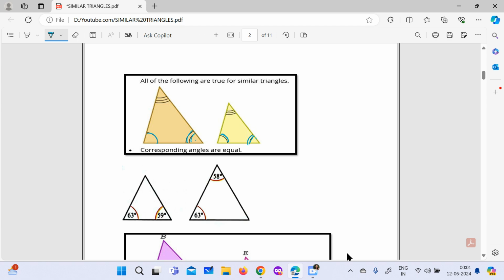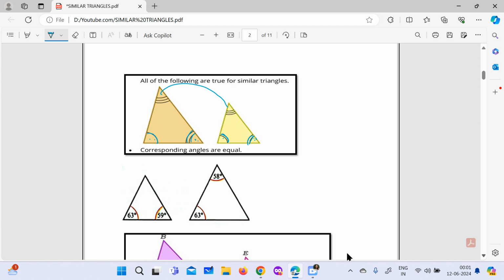To show the difference between the angles, and to show that these two angles are the corresponding angles, or you can say matching angles. This and this one are another pair of corresponding angles. And then you can see that here we have three lines and here also three lines. It represents that these two are the corresponding angles and the angle measure is the same, right?